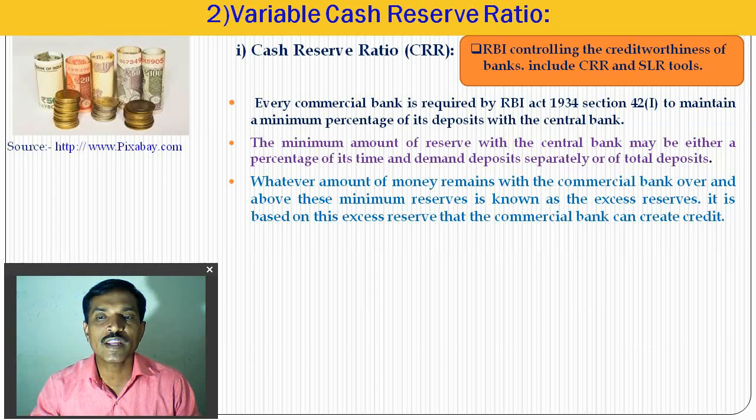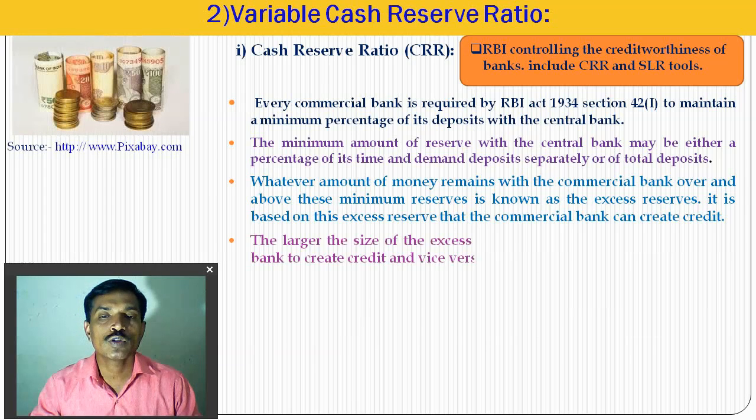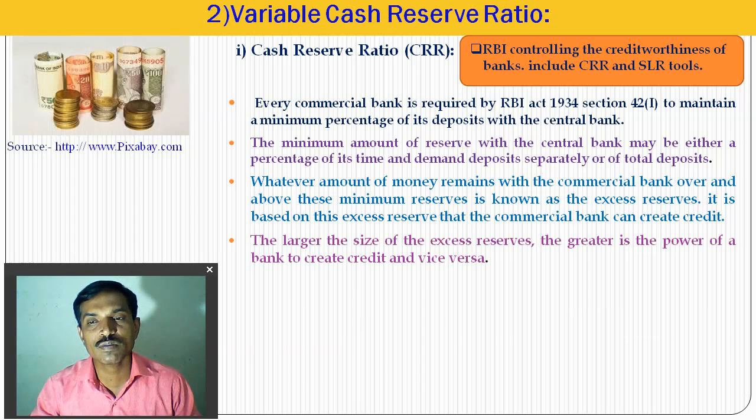Whatever amount of money remains with the commercial bank over and above the minimum reserve is known as the excess reserve. It is based on the excess reserve that a commercial bank can create credit. So the larger the excess reserve, the greater is the power of bank credit and the multiple money created by all commercial banks.